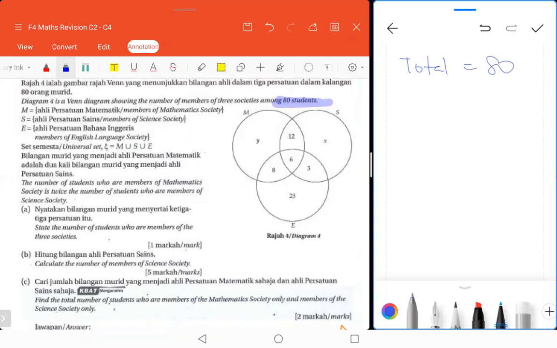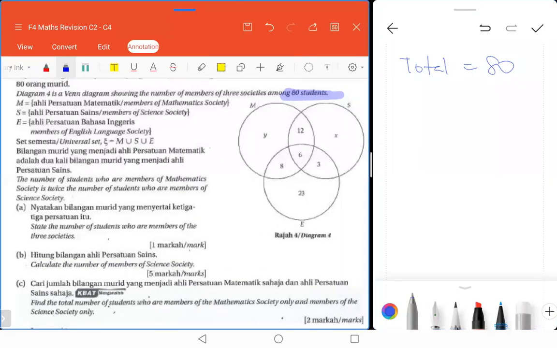So M is the members of Maths Society. S is Science Society. E is English Society. Right? Then state the number of students.